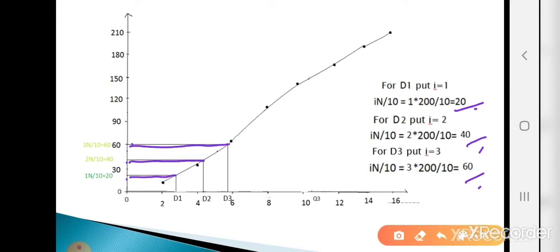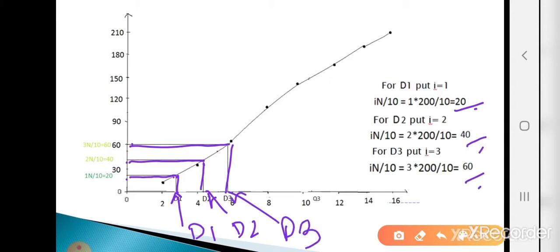And wherever the horizontal line touches the curve, from that point draw the perpendicular on the x-axis. And the point on the x-axis where the perpendicular line meets is your decile value. So here D1, then D2 and the last is D3. So this is the method of calculating the deciles by using the graph.